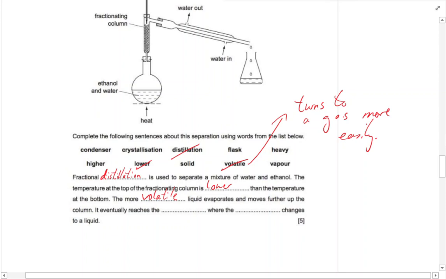Evaporates and moves further up the column. It eventually reaches the condenser, this thing here, where the vapor changes to a liquid.